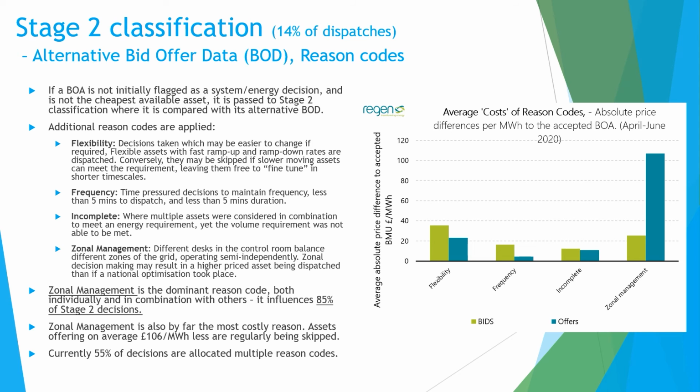So zonal management is responsible for assets on average 106 pounds per megawatt hour cheaper being regularly skipped. So I think a key message there, and perhaps more detail on this zonal management problem would be a good thing to look into.